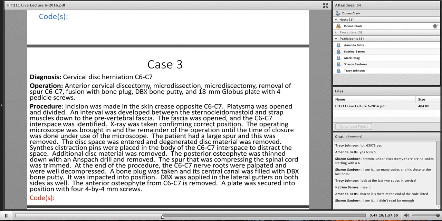And it says 22554, arthrodesis, anterior interbody technique, including minimal discectomy to prepare interspace other than for decompression. And it says cervical below C2. So we are below C2, but this is talking about arthrodesis, which is pretty much talking about a fusion.